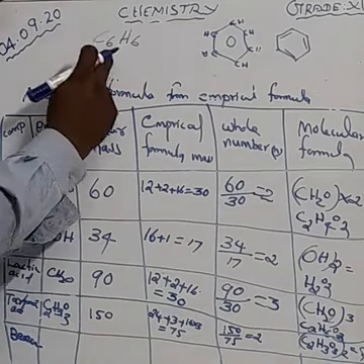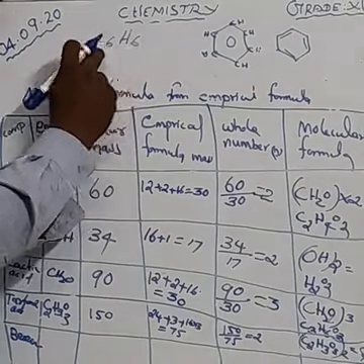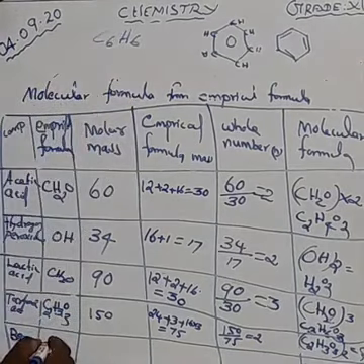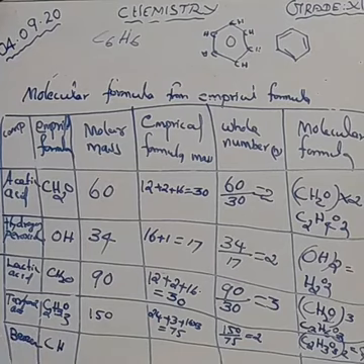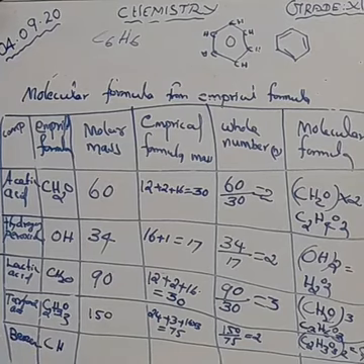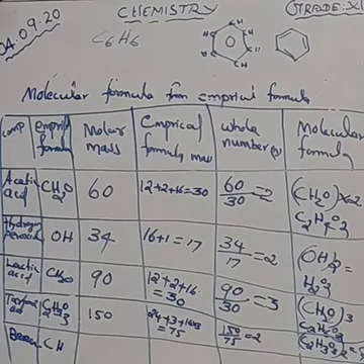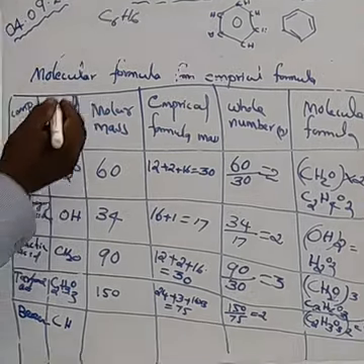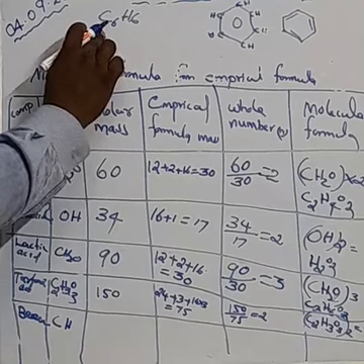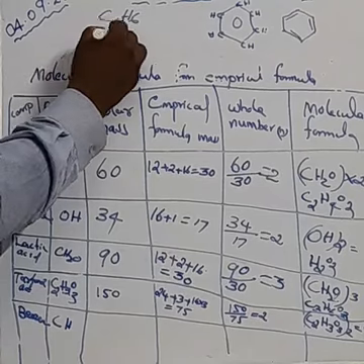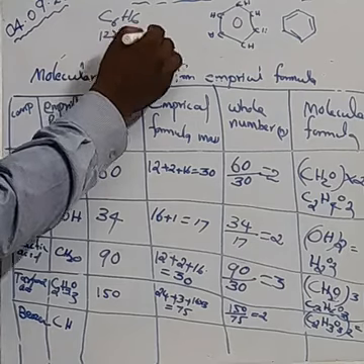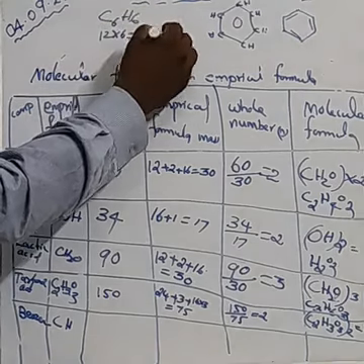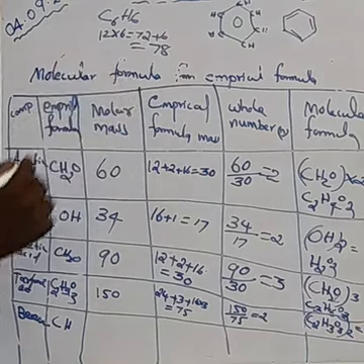The empirical formula for benzene is equal to the simple ratio. As per the simple ratio, carbon is taken as carbon 1 and hydrogen also 1. Okay, CH. This is the empirical formula for benzene. And also the molar mass of benzene: carbon having 12, 12 into 6 is equal to 72 plus 6 into 1 is equal to 6, is equal to 78.